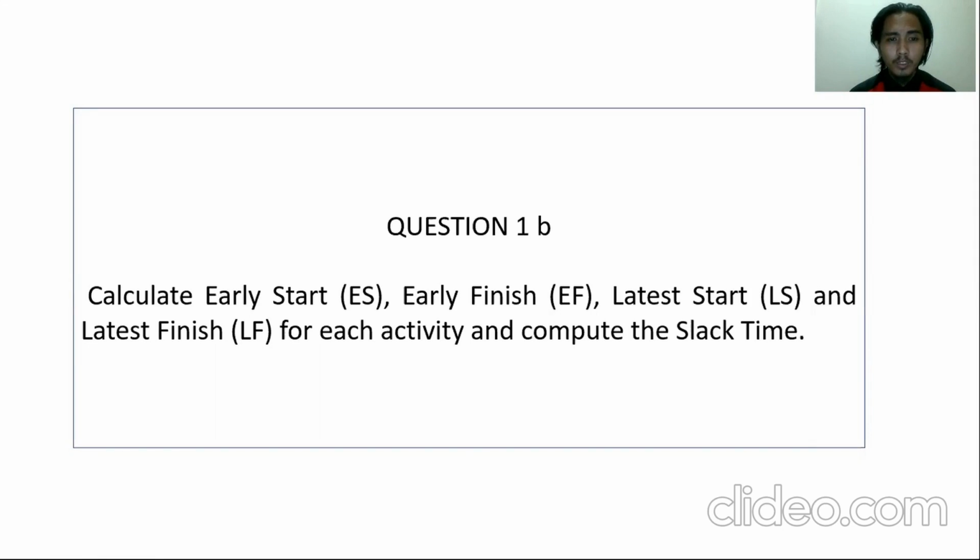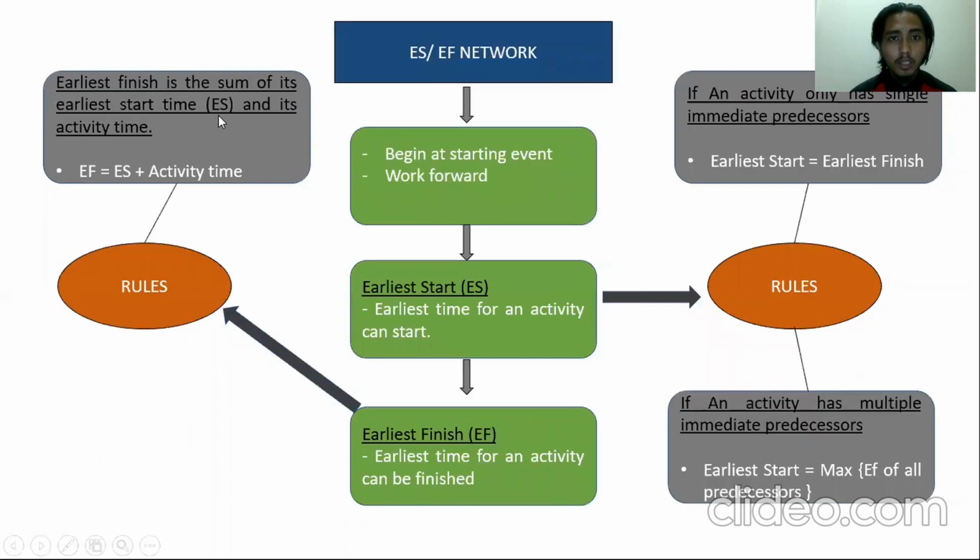I will explain question 1b. Before we go further to answer question 1b, I will explain the definition and the rules for the ES-EF network. The ES-EF network begins at the starting event and works forward. The earliest start means the earliest time an activity can start, and the earliest finish is the time an activity can be finished.